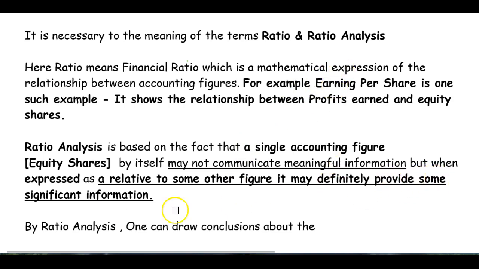So it may definitely provide some significant information. We have taken profits in the numerator and the equity shares in the denominator, so we came to know that earning per share is this much. This way ratio analysis helps to bring a conclusion about the relationship between two accounting figures.